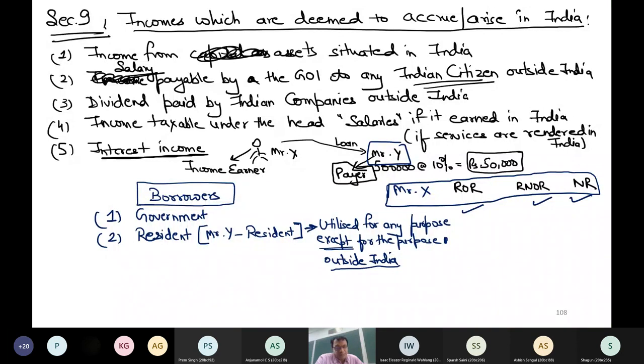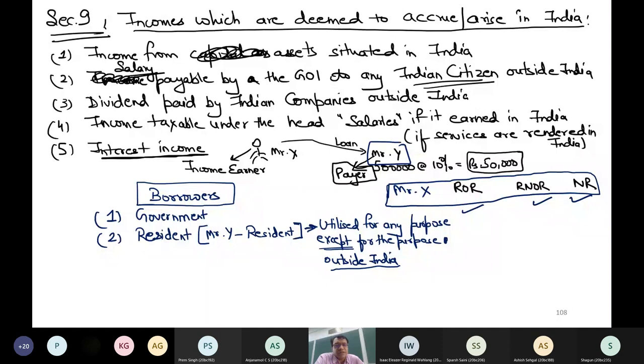Any interest income which is earned by any assessee, in my case Mr. X, if the borrower from whom this interest income has been earned is a resident person, then this interest income is always treated as income which is deemed to accrue or arise in India, except in one case.